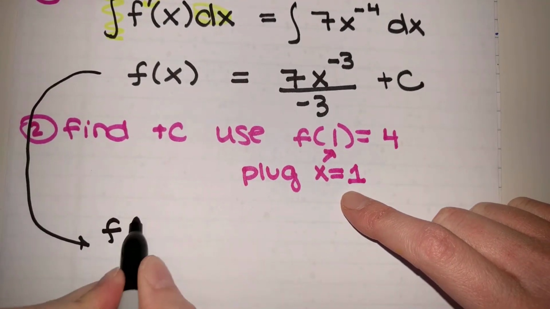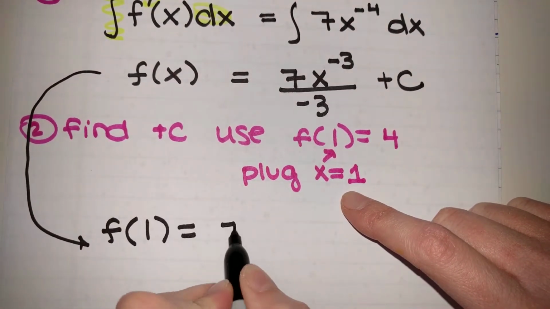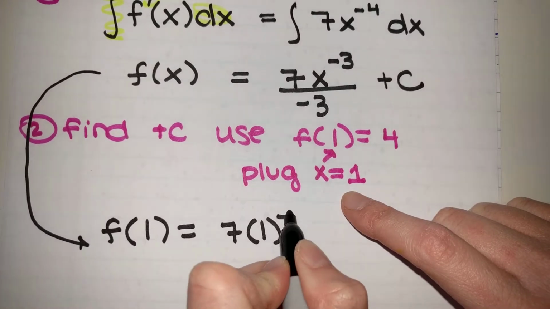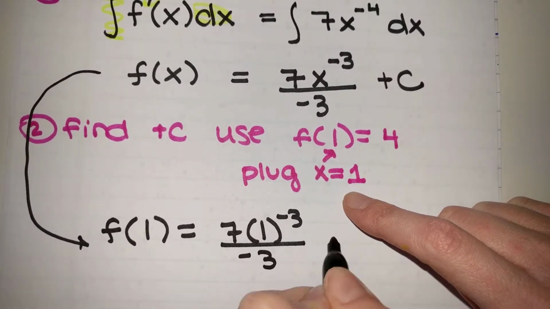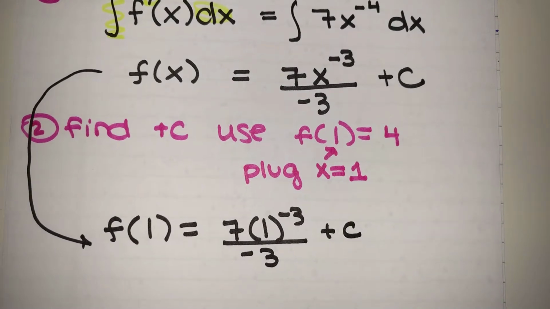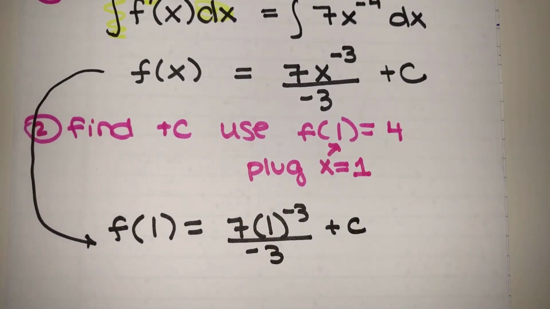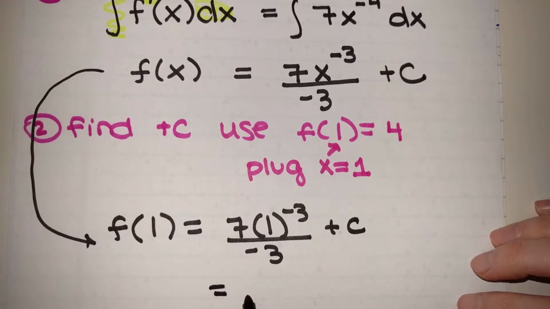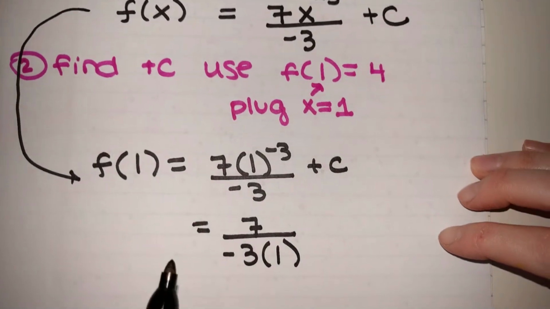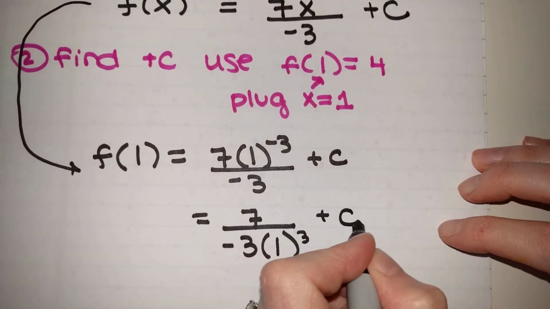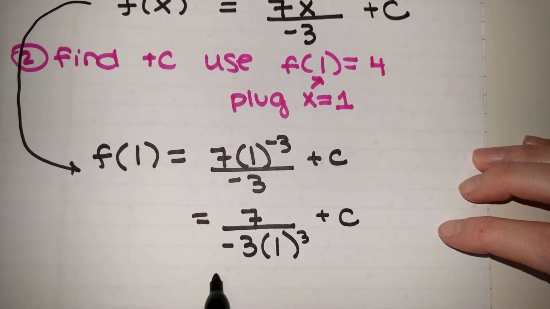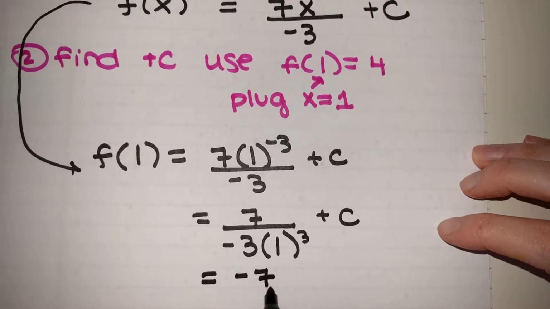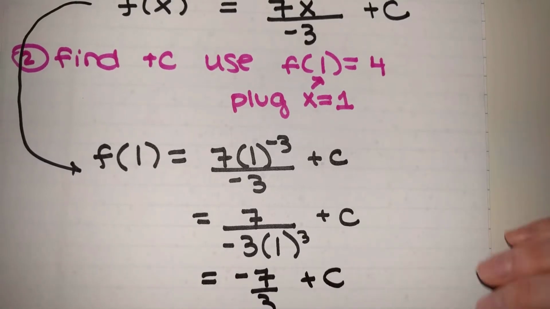Plugging in 1, I have 7 times 1 to the negative 3 over negative 3 plus c. It might be helpful to rewrite this negative exponent. So really we have 7 over negative 3, 1 to the positive 3 plus c, and that is going to be equal to just negative 7/3 plus c.